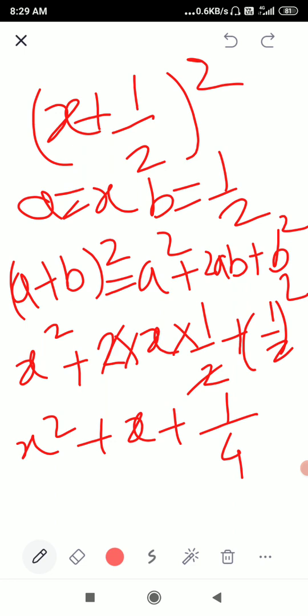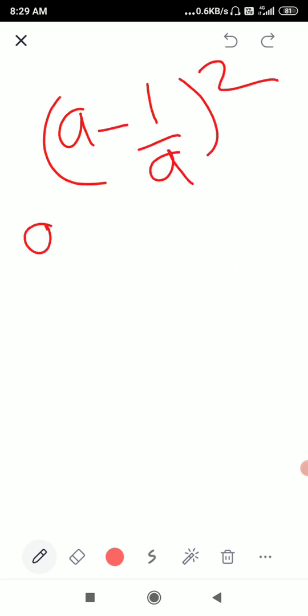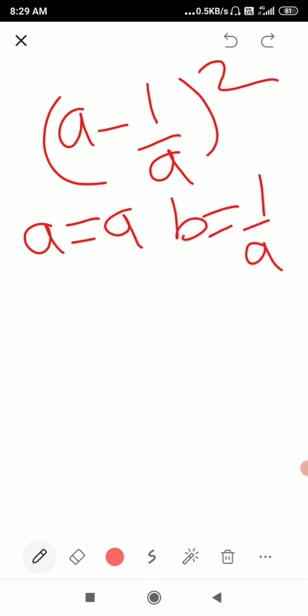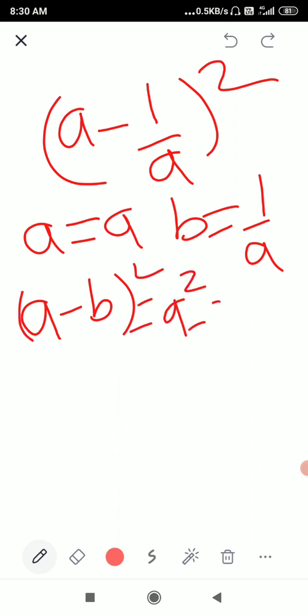Now the last one it is. I will show you the last one. (a minus 1/a) whole square. Here a is equal to a only, b is equal to 1/a. And the formula you are using here is (a minus b) whole square, that is a square minus 2ab plus b square. Yes.